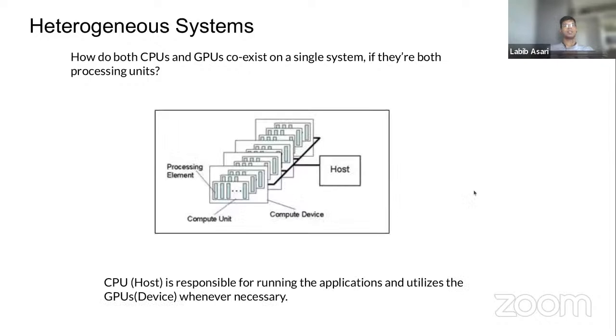This is how it is generally represented at a low level on a general computer system. The host is the CPU, which is the main brain of the computer, and the devices are the extra processing units, similar to GPUs, which are designed specifically to execute specific types of operations. When we encounter those types of operations, the host sends those instructions to the GPU or any other hardware accelerator.